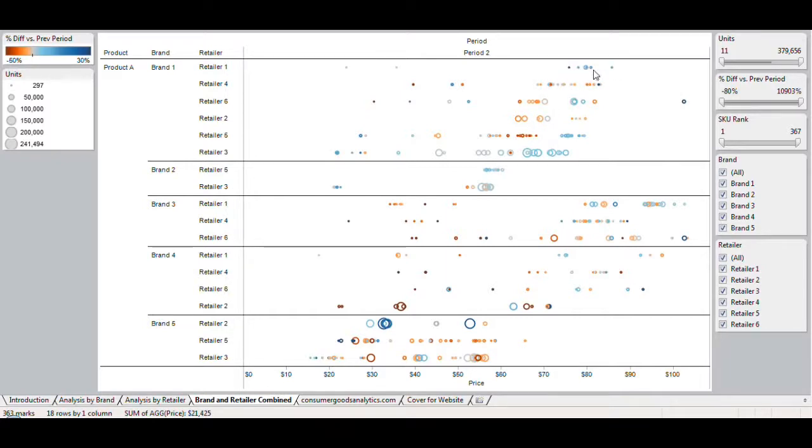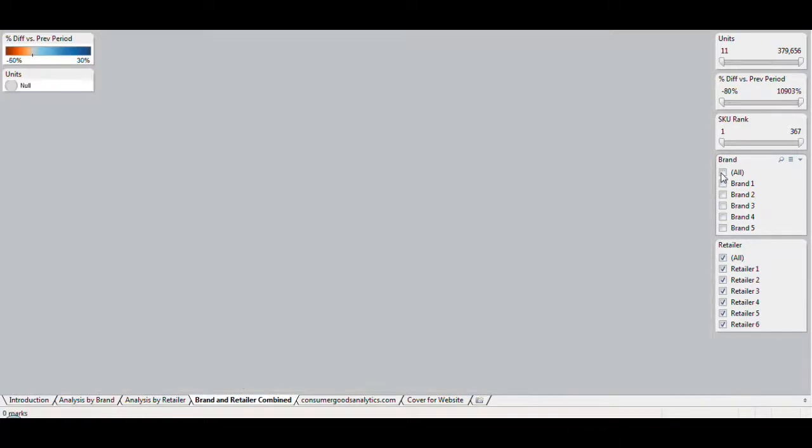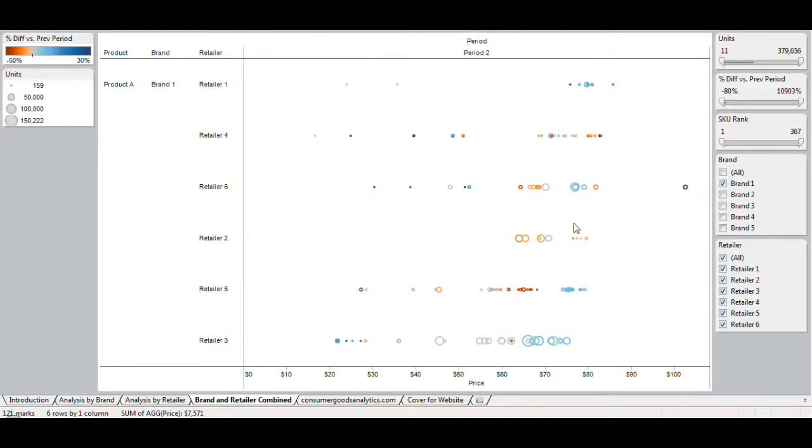Retailer number 1 has the better mix of products, limited presence, small bubbles, but better mix of products, and retailer number 3 is more towards the left side of the spectrum, and all the same filters also apply to this type of visualization here. So let's say we wanted to only look at retailer 1, we can see how it performs across each of the different brands. Or if we wanted to look at just brand number 1 across the different retailers, we could also look at it this way.